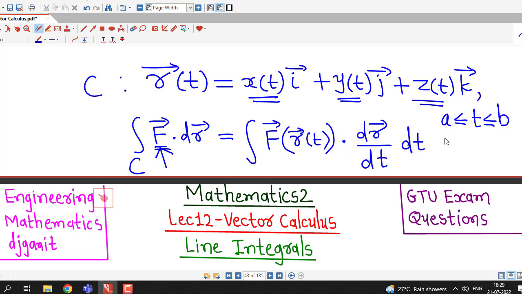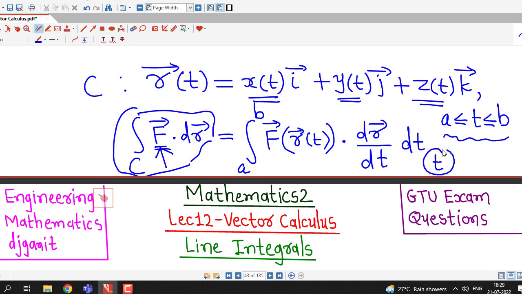So suppose t lies between a and b, then we have limits of integration from t equal to a to t equal to b. So we convert this integral into a definite integral of one variable t only, and we then integrate this dot product, which will be a function of t, with respect to t from t equal to a to t equal to b.